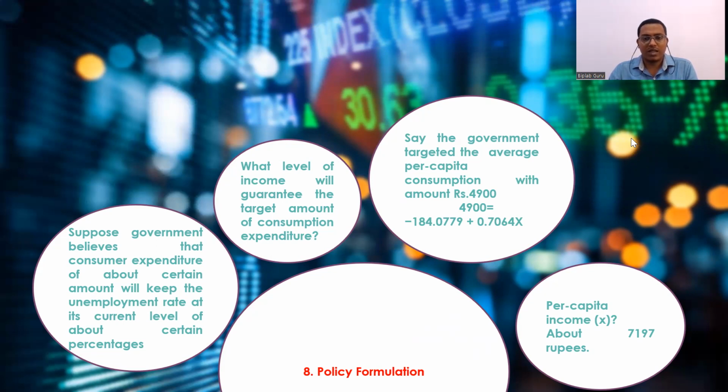And as we have found out from the given example, it has come out to be 7197 rupees. So this is what is required for a household to attain per capita consumption expenditure of 4,000, given the MPC is 0.706, which we have computed from the given time series data.